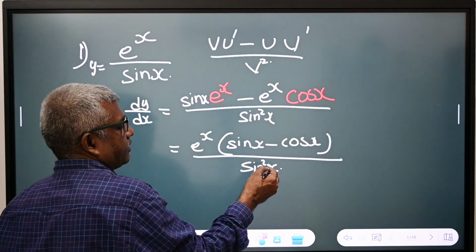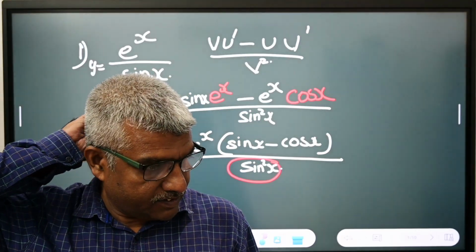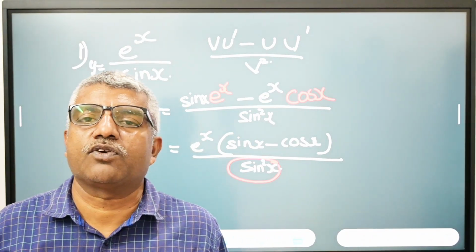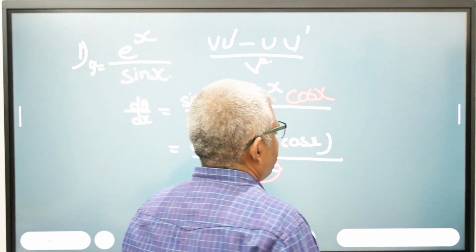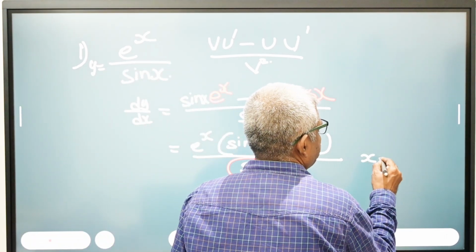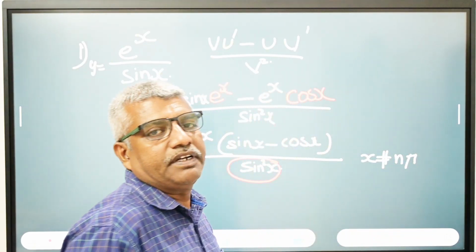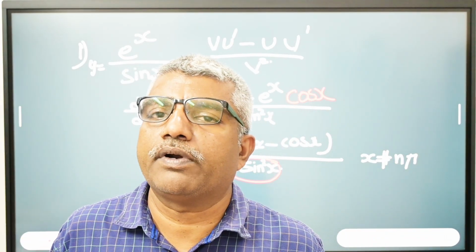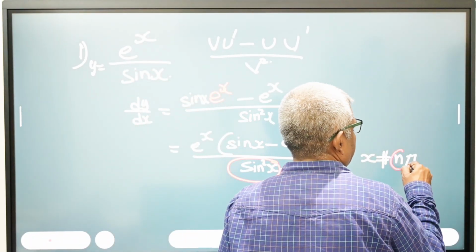Denominator should not be 0. So sin squared x should not be 0, which means sin x should not be 0. So x is not equal to n pi, since sin x is 0 at 0 degree, 180 degree, 360 degree. So n is an integer.